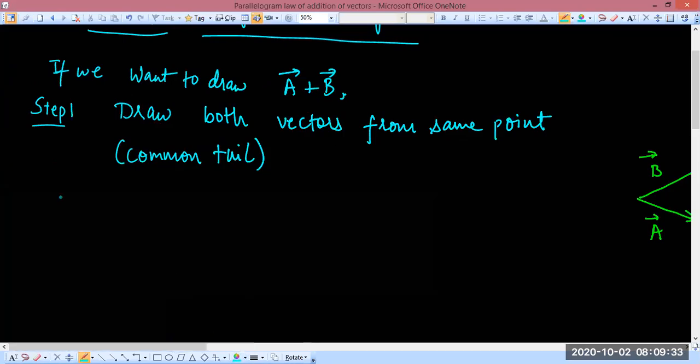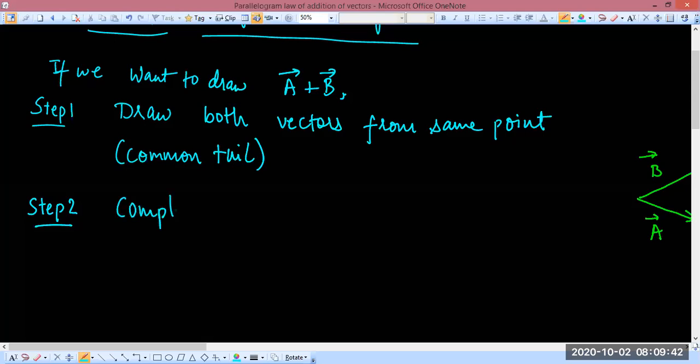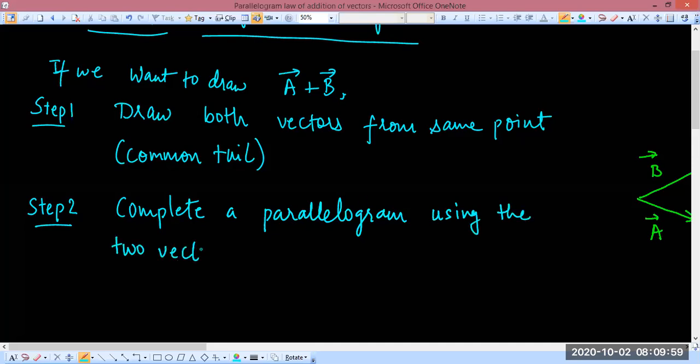Now step 2, complete a parallelogram using the two vectors as adjacent sides.